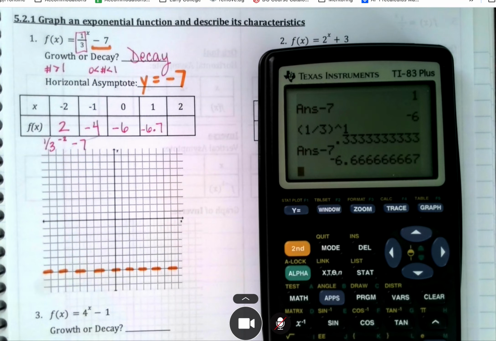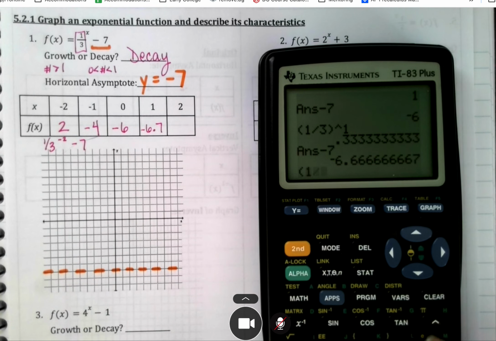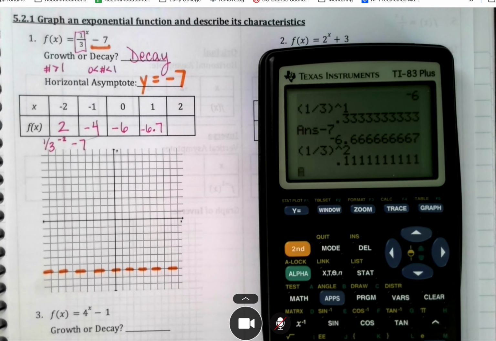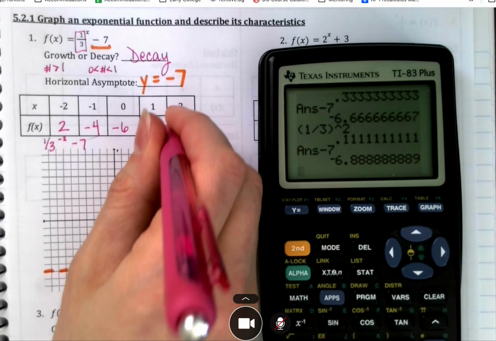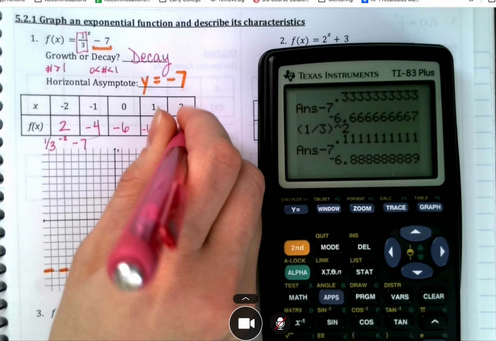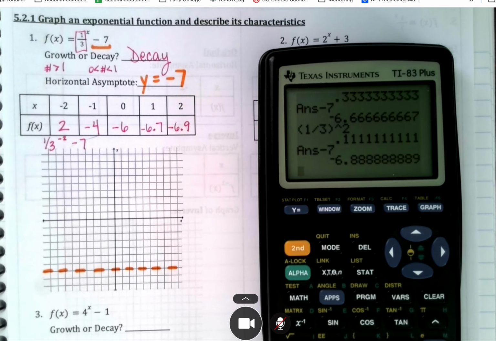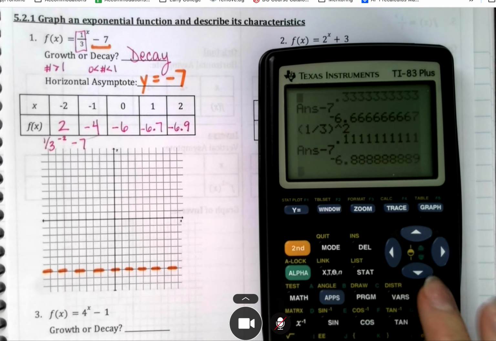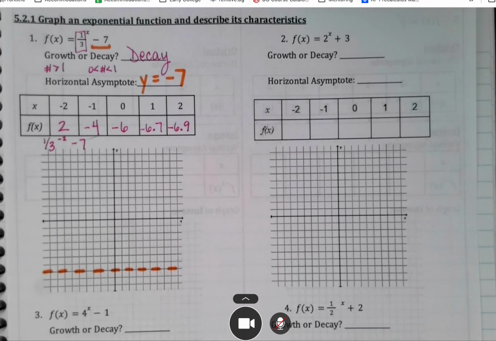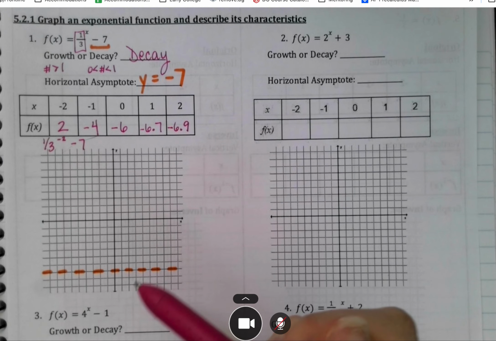I'm going to round that to -6.7. And -6.9. So now that I have 5 points, 5 points is probably the minimum that you want. I'm going to go ahead and graph them.